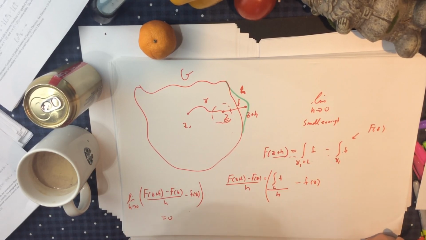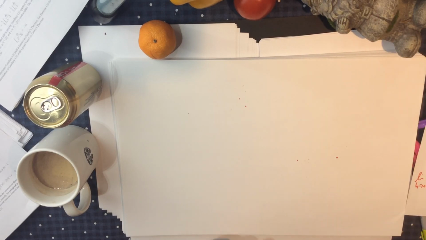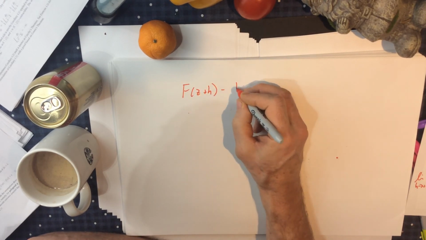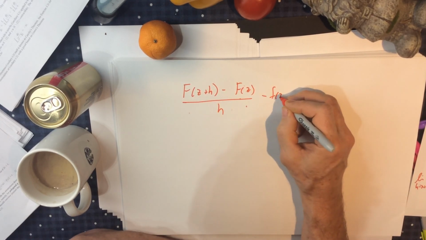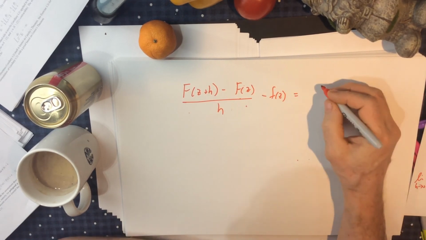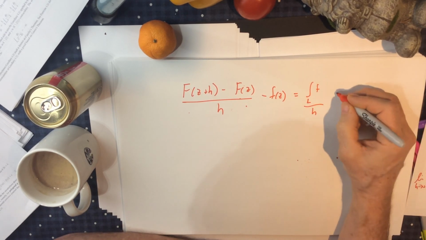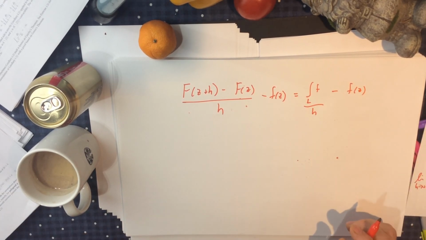Now, that looks really kind of odd, doesn't it? This expression. All right, so let me continue with that. I have F of z plus h minus F of z over h minus f of z being equal to the integral of the f over that line segment L over h minus the constant part f of z.